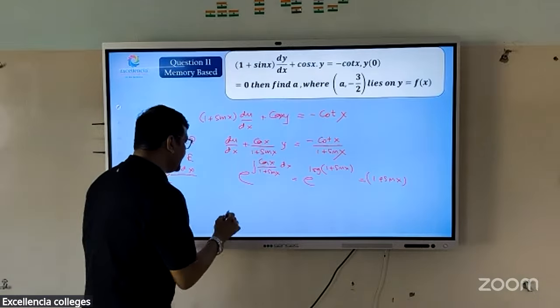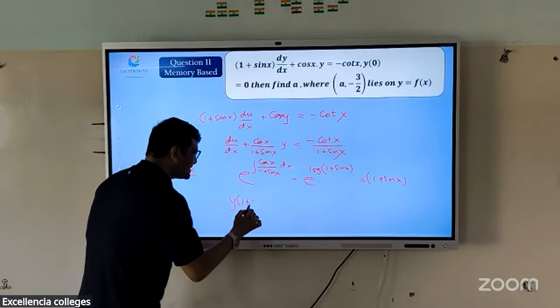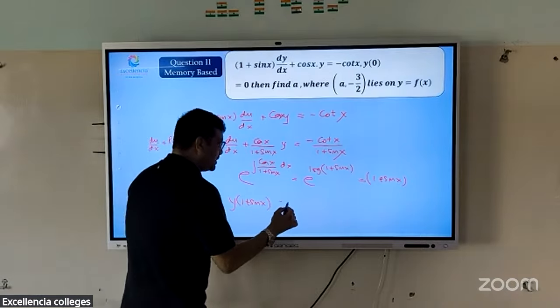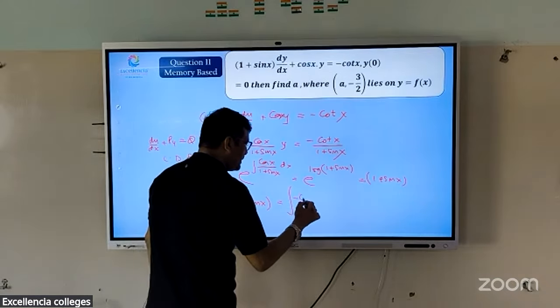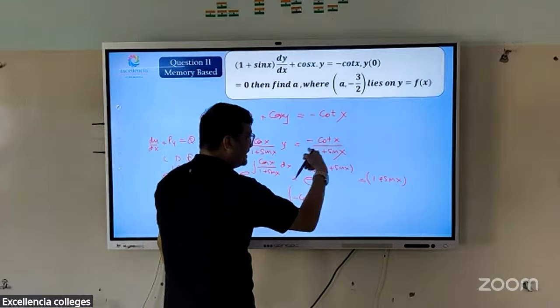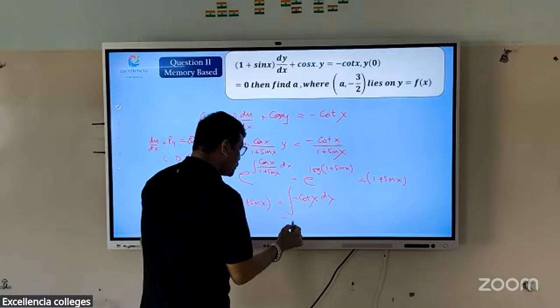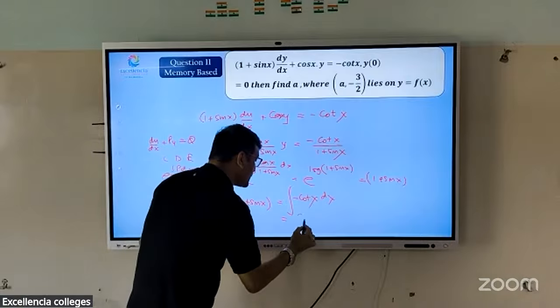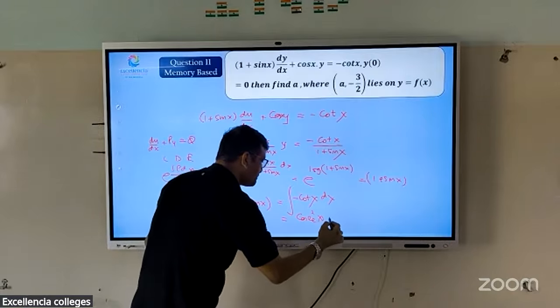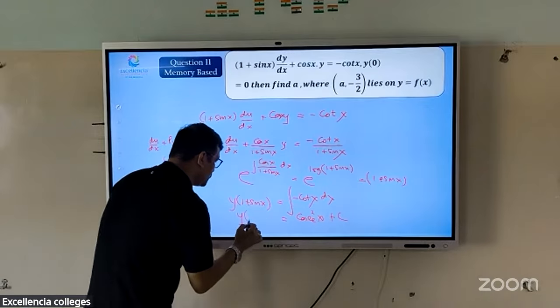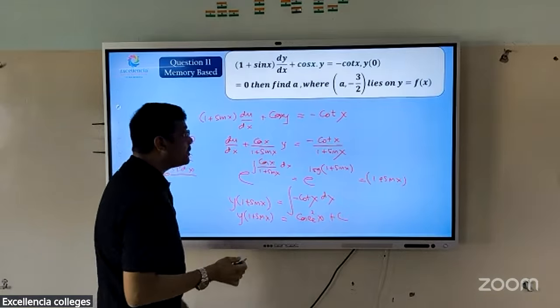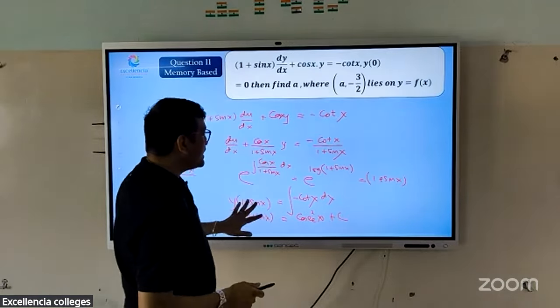So I get y into 1 plus sin x is equal to integral of minus cos x by sin x, minus cot x, cosecant square, and so on.